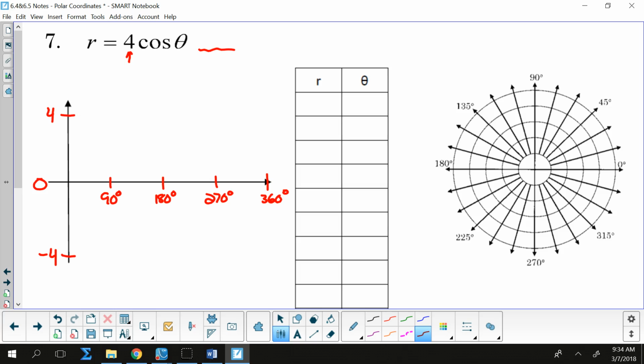So it starts up here, then it comes to the middle, then it goes to the bottom, then it comes back to the middle, and then it finally finishes off up on top, right? So that graph looks like that. That's my cosine curve for cosine theta.